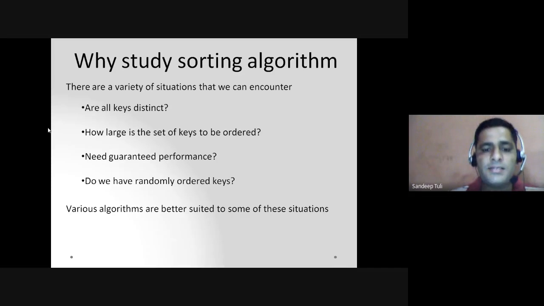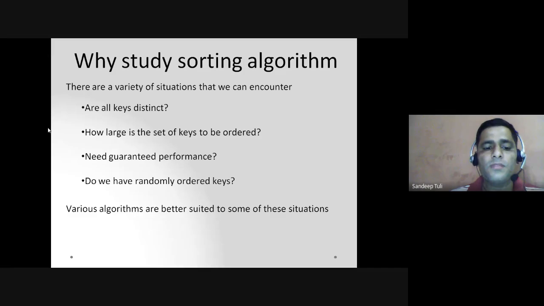How large is the set of keys to be ordered? Whatever keys we have, the size matters a lot when we are ordering with algorithms. Whenever we need performance, we need guaranteed performance. It means when we want a particular thing to happen, we need to improve the algorithms and the situations, and then we can use sorting algorithms.